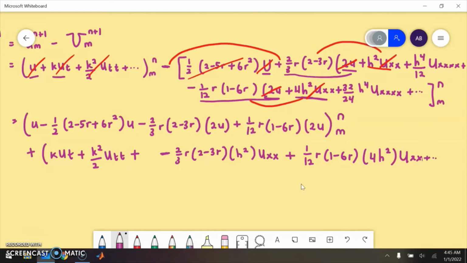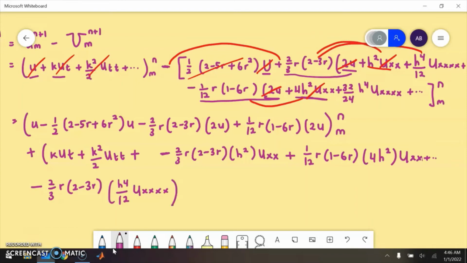Okay, and then what happened? I have to consider the h to the power of 4 term now. So positive, negative. I have negative 2/(3r), 2 minus 3r. So this term now. I have h⁴/12 u_xxxx.